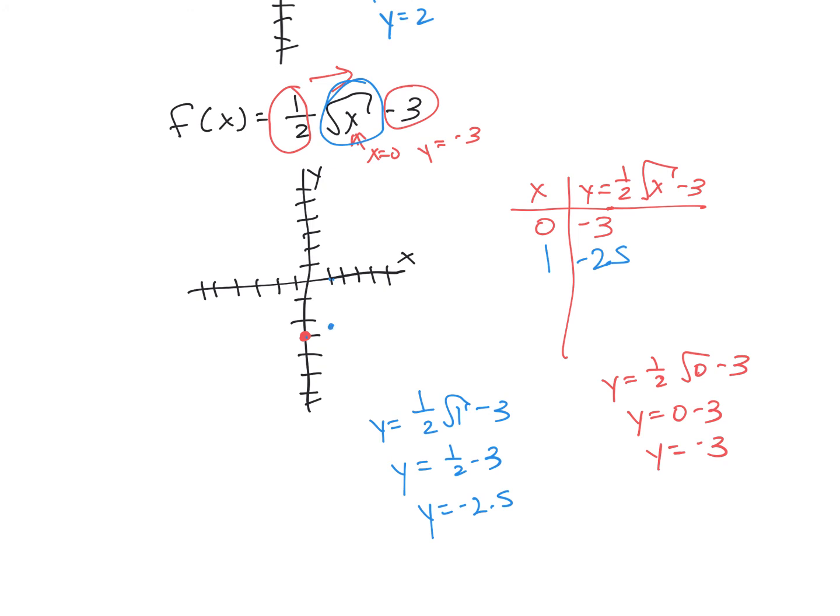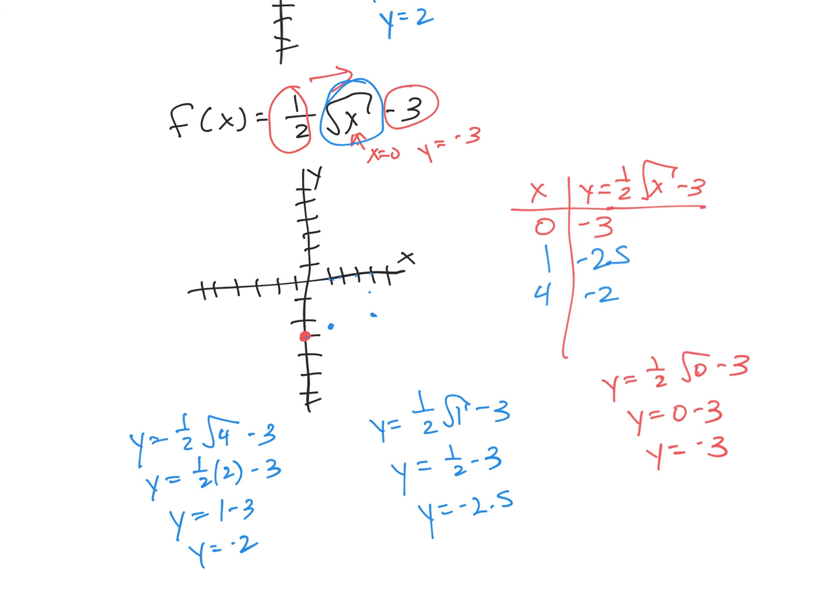Okay, and then my next point that I could choose would be, well, I know a perfect square of 4, right? So I have y equals 1/2 the square root of 4 minus 3. So y equals 1/2 times 2. And so y equals 1 minus 3, so y equals negative 2. So I'm going to go over 1, 2, 3, 4, and down 1, 2.